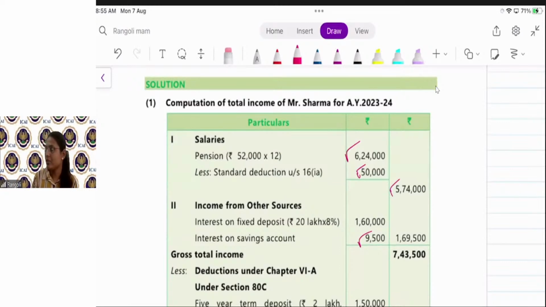So the interest on fixed deposit is 1,60,000. Yes or no? So total interest income is 1,69,500. So his total income comes to 7,43,500. Everyone clear with gross total income? Yes or no? Everyone? Everyone is clear with gross total income? Yes or no? Please reply.